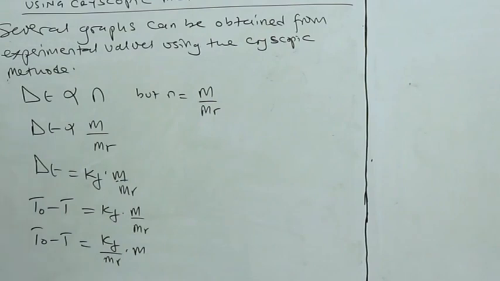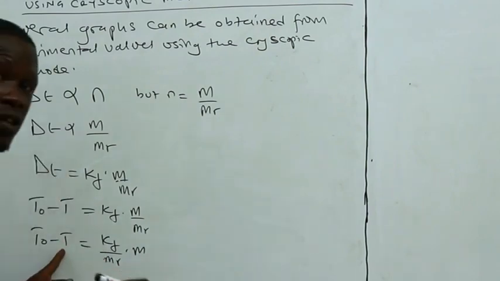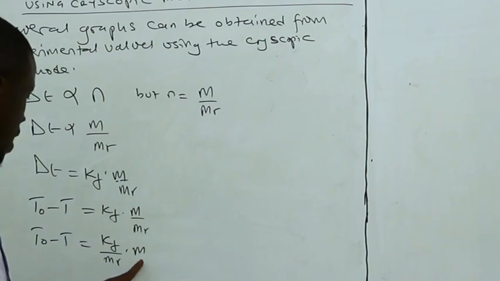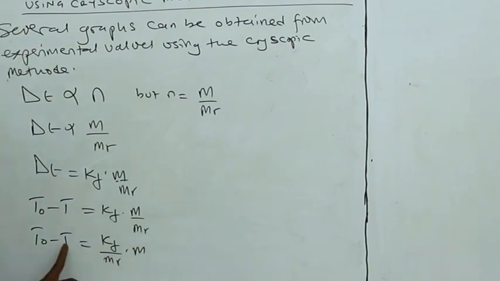Now, what is a constant this side? The freezing point of the solvent is a constant, doesn't change. But the freezing point of the solution will keep changing depending on the mass that has been added. So the variables are the freezing point of the solution and the mass of the solute added.